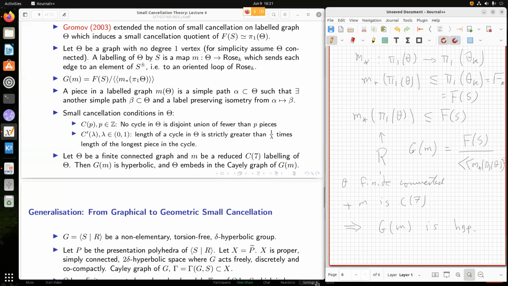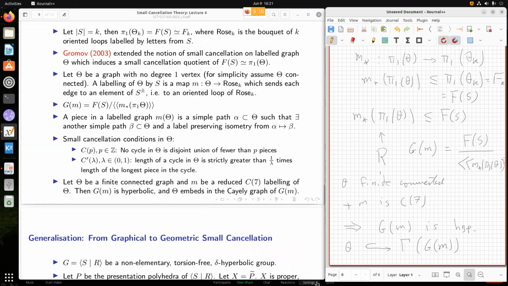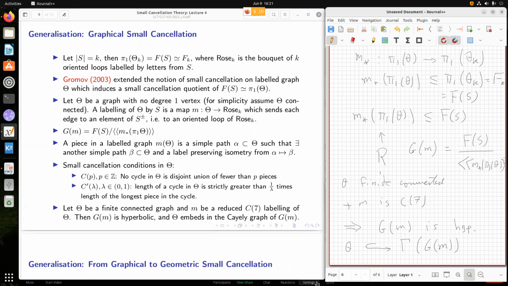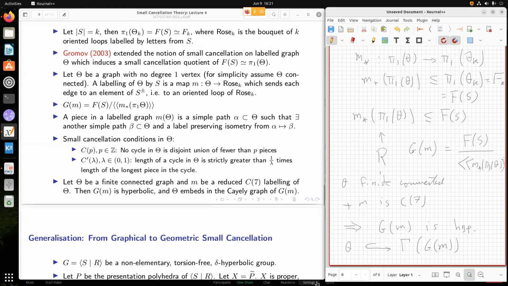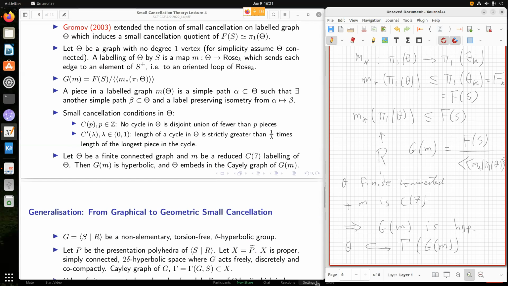And also, this is important, theta embeds in the Cayley graph of Gm. This is exactly how Gromov was able to embed that expander graph in the Cayley graph of the resulting group that he had constructed. This is the theorem that Gromov proved, and it has been illustrated in more detail in Arzhantseva and Delzant's article. You can have a look at it there.